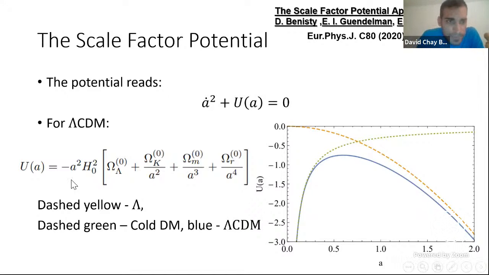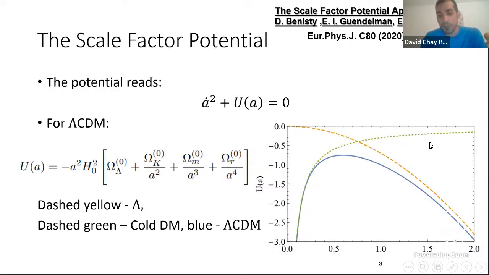It is possible to write the Friedmann equations in the form of U of A, only for the dashed line. The de Sitter solution, where you have a domination of dark energy, is an inverse parabola. Matter domination is the green line.